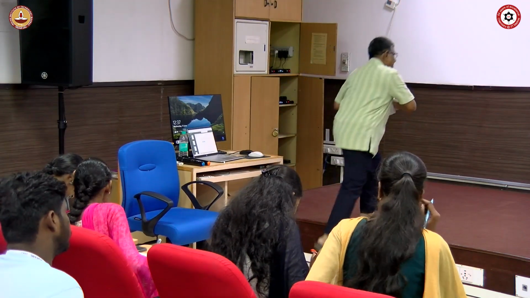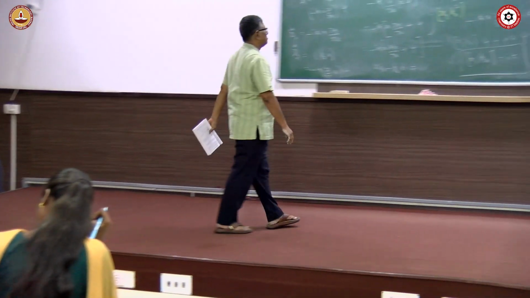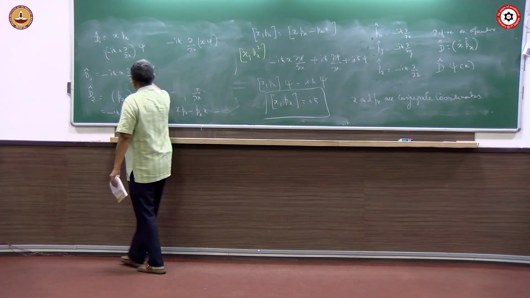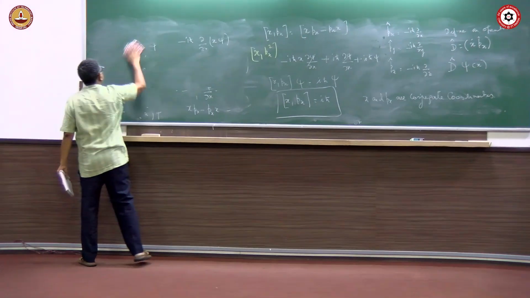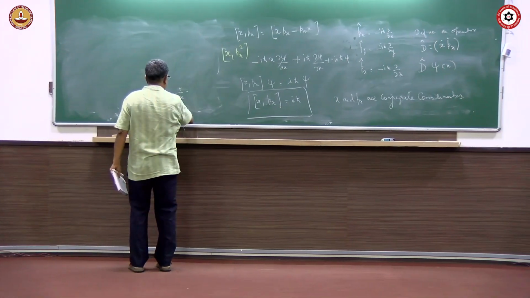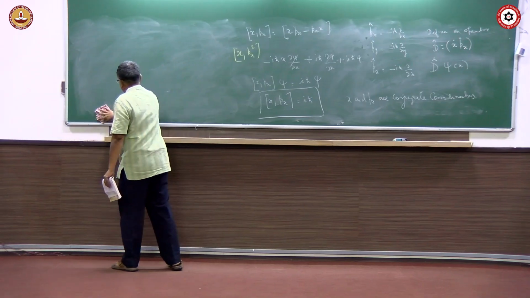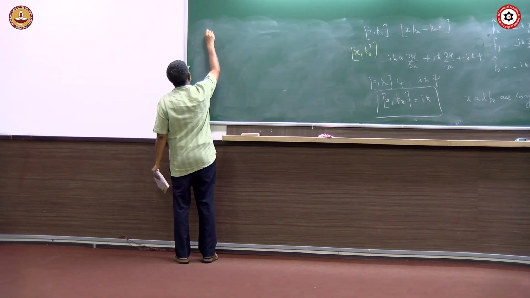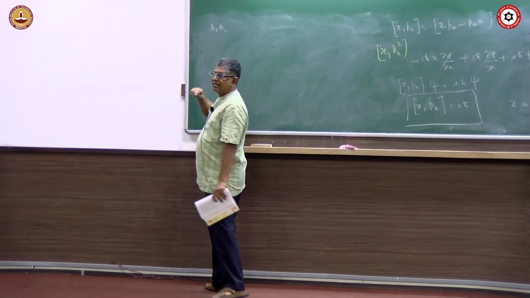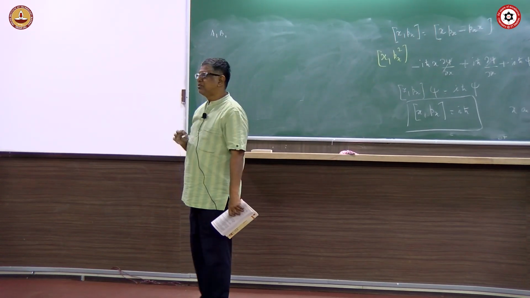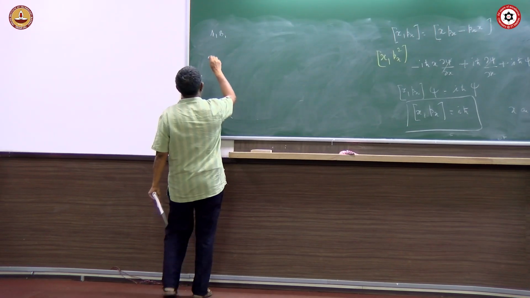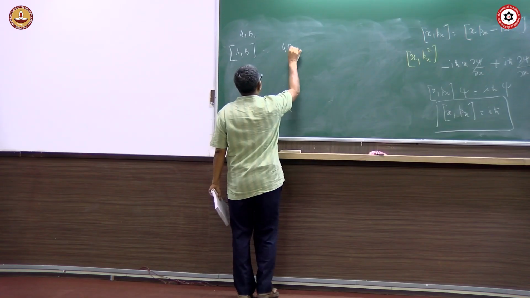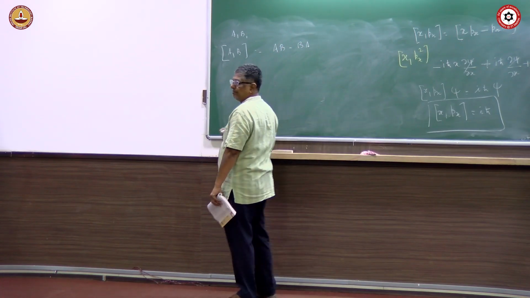So to understand this, there are some simple equations. Now I will give a hint. We have defined for two operators A and B the commutator [A, B] = AB minus BA.